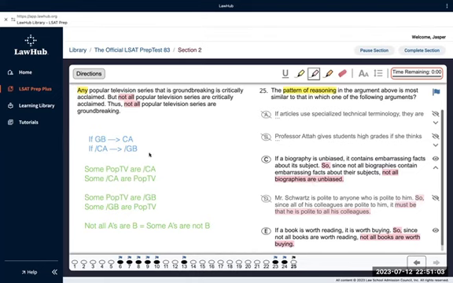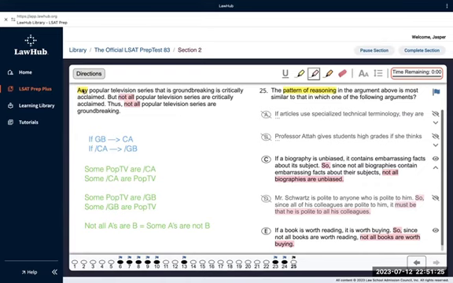So one way to look at it would be not groundbreaking. So we're going to do the negation of the sufficient condition. So here we have if a biography is unbiased, and so not all biographies are unbiased, right? Some are biased.